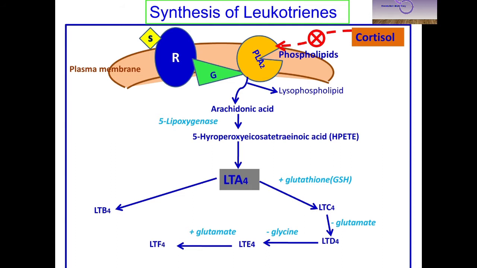So cortisol can be used again to suppress the synthesis of all eicosanoids. One important thing is that you don't need to know the exact details here about the synthesis of these leukotrienes. Just know that these are all referred to as cysteinyl leukotrienes, LTC through LTF4.